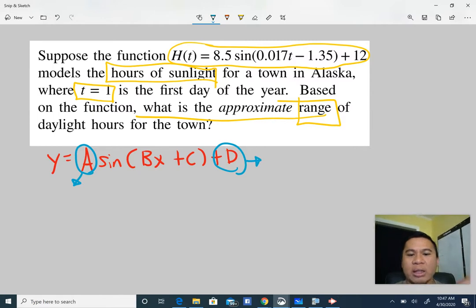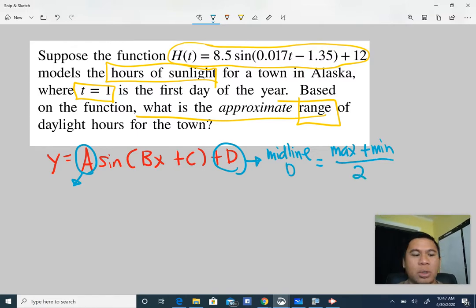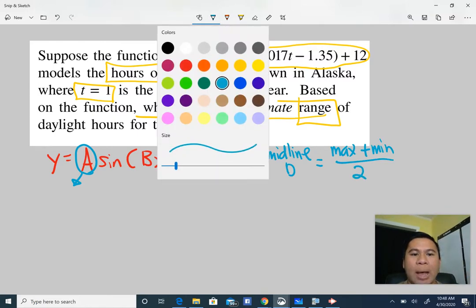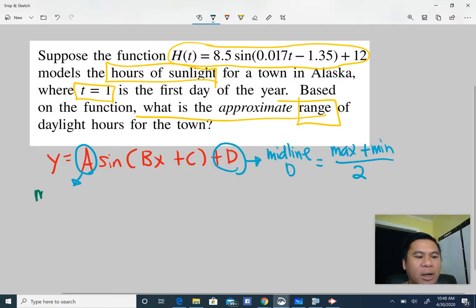And again, that will be the midline, which is our letter D, which is in fact maximum plus minimum for y all over 2. And also our amplitude A in here, which is in fact maximum minus the minimum value over 2.